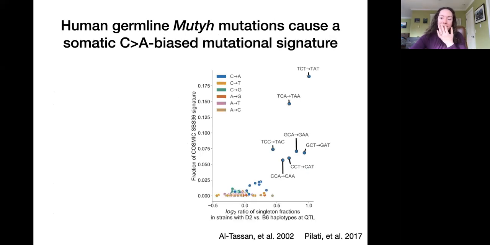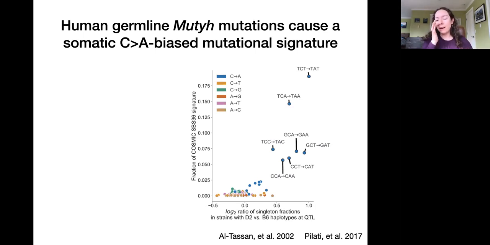And moreover, MUTYH also has a known role in human cancer, where there are some families where people inherit pathogenic mutations in MUTYH. It's sort of a recessive phenotype, but people who inherit either a homozygous pathogenic mutation or a compound heterozygote tend to be at elevated risk for colorectal cancers and develop this disease called familial adenomatous MUTYH-dependent polyposis.